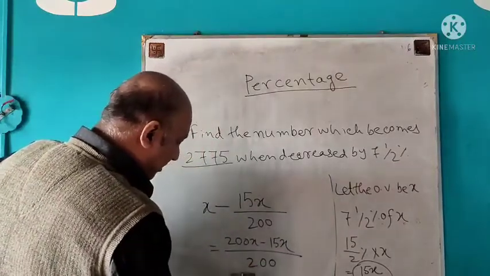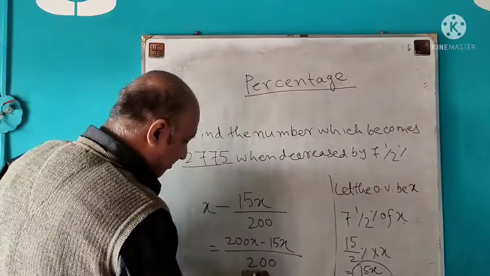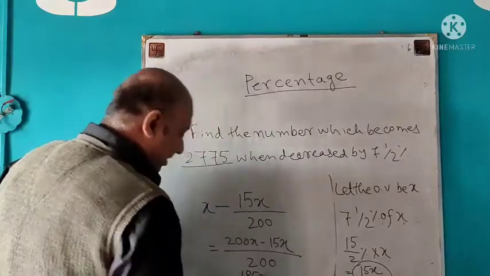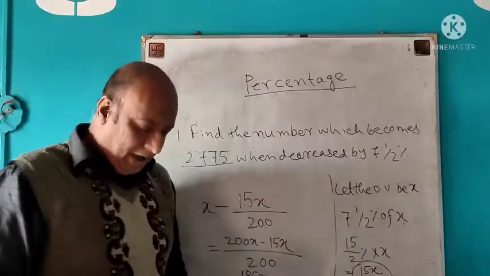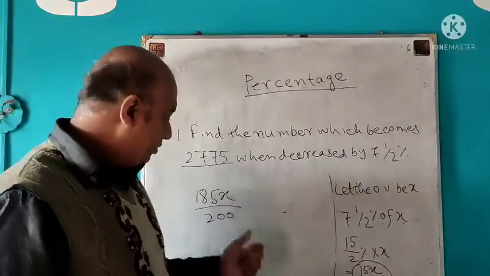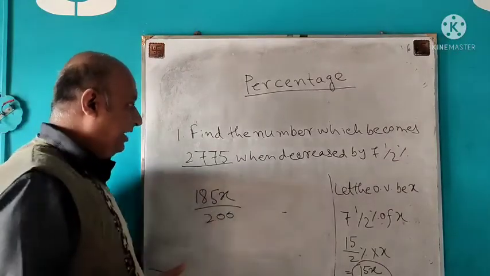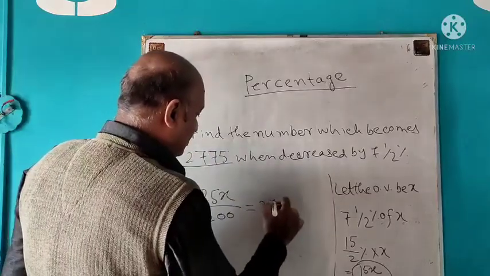So it will give me 185x by 200. Now I am not changing this. We will take this value into calculation. So the decreased value that we have calculated is 185x by 200, which is equal to 2775, which is given in the question.